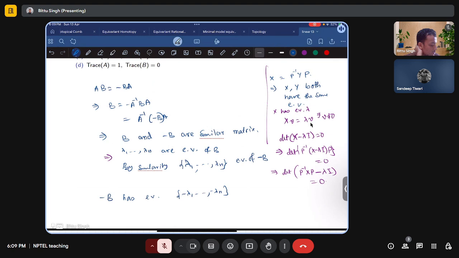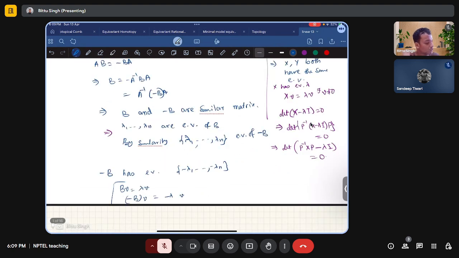It is easy to see: Bv equal to lambda v implies minus B times v is the same as minus lambda times v. So from here it is clear that minus B has eigenvalues minus lambda 1 up to minus lambda n. So both of these sets are the same.